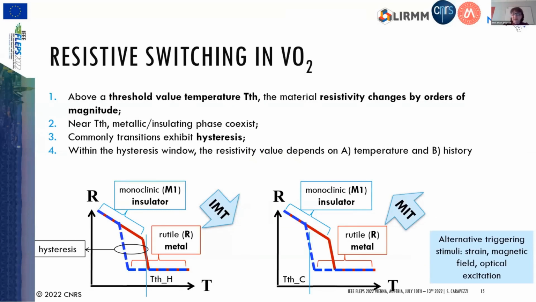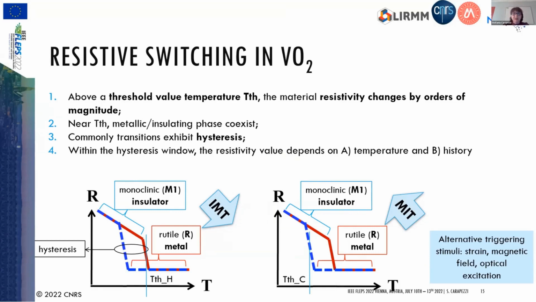So what usually happens is that you start in the insulator state, then the temperature is increased, usually at a given threshold temperature, which is around 340 Kelvin. The transition happens, and so you have a resistivity drop, because the material becomes almost metallic, a bad metal, let's say. The important thing is that this resistive switching is volatile, which means that the change is not permanent.